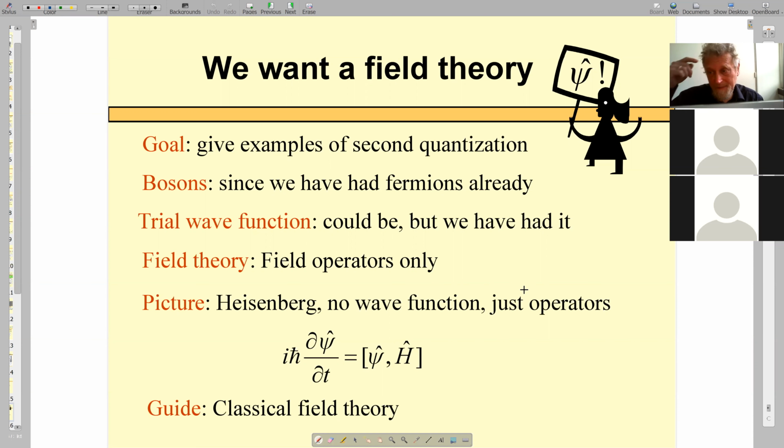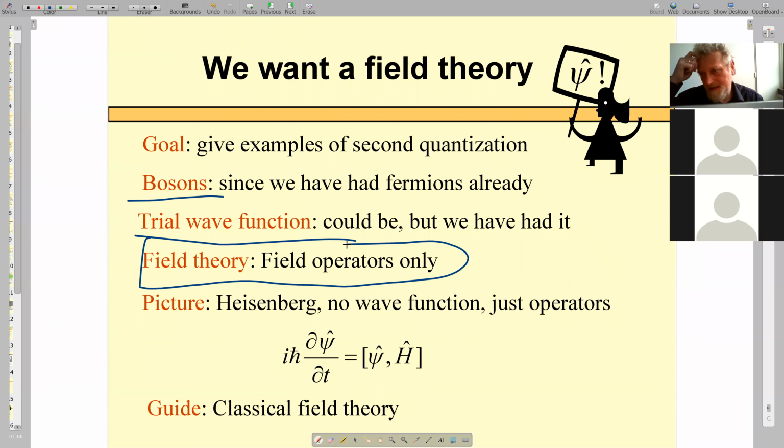Since my goal is to give as many examples of second quantization as possible, I would not do it with a trial function method, as I did previously. Also, since we were dealing with fermions, it's time to switch to bosons. What I would like to do here is field theory.